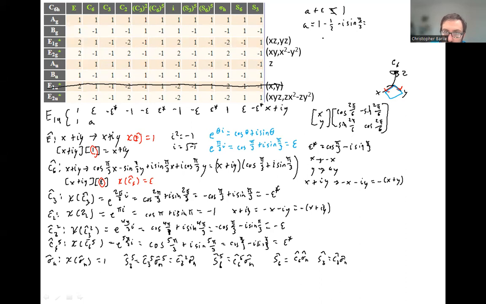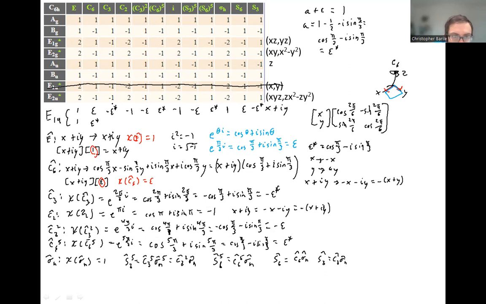Positive 1/2 can also be written as cosine pi over 3. Back to where we were. So now we have cosine pi over 3 minus i sine pi over 3. Well, that's just the complex conjugate of epsilon. So a we can replace by the complex conjugate of epsilon.